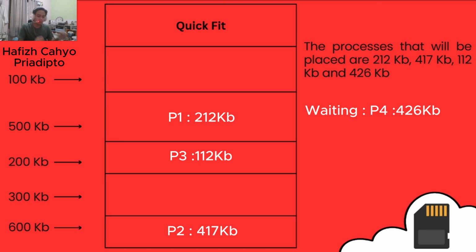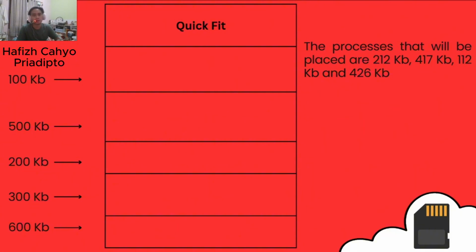But if we want to use quick fit for efficiency, process one will enter the fourth column or block, because there is a little gap between 300 and 212.